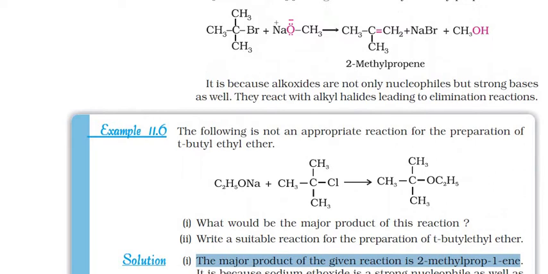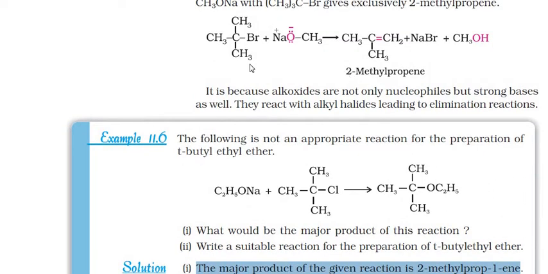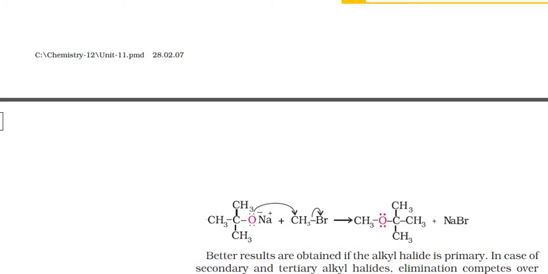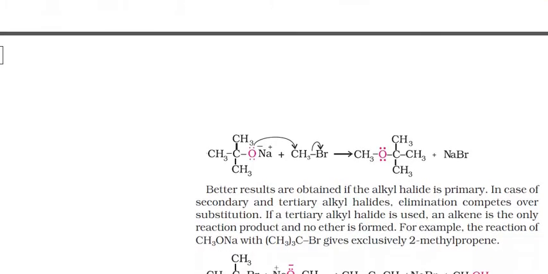See, when you are using a tertiary alkyl halide with a primary sodium alkoxide, what you are going to get is an alkene. Let me show you.